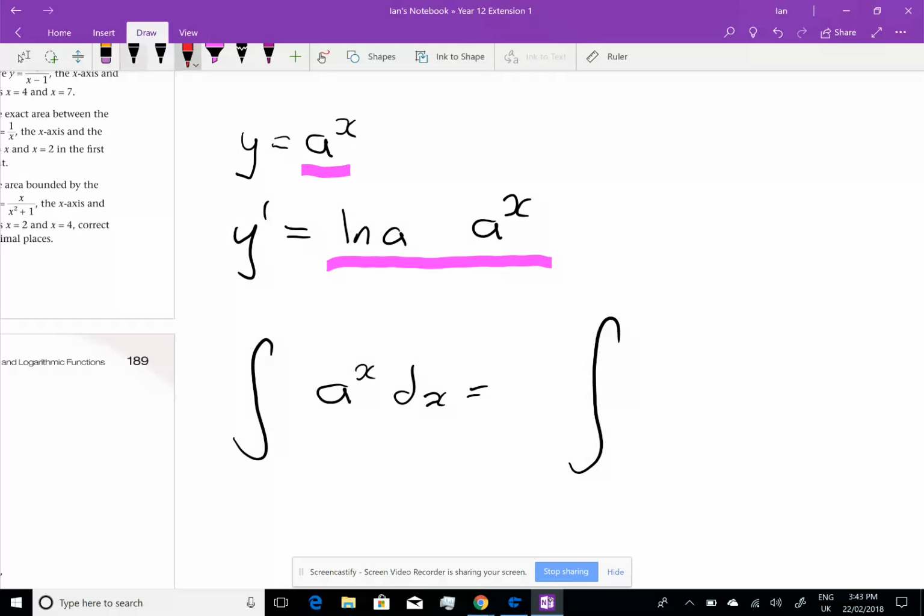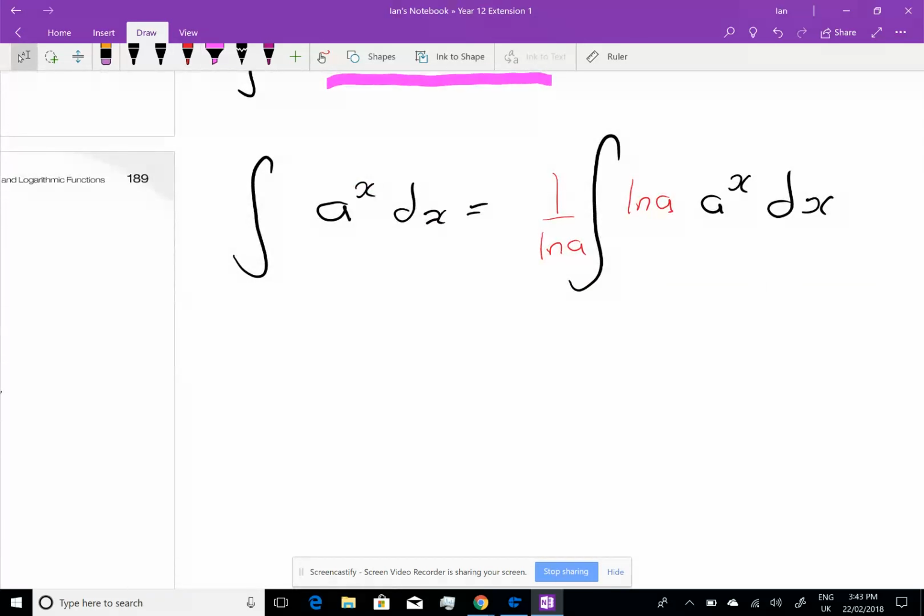If I don't have what I want, and it's a constant, and remember ln a is a constant, a number, I can put the ln a in and I can take the ln a out.